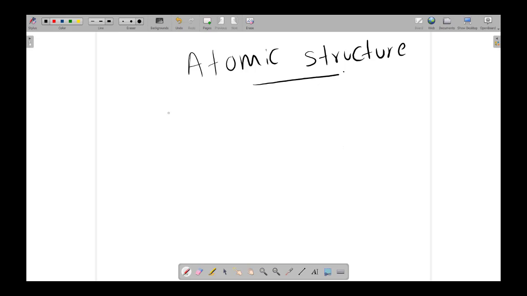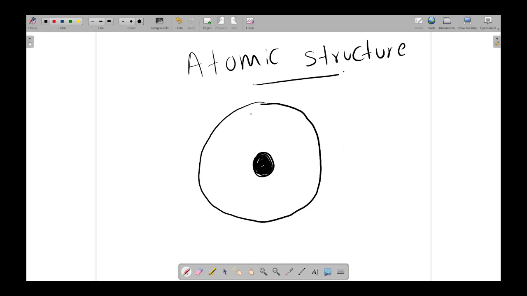One atom has a specific structure. In the middle of the atom there's a nucleus. We call it the nucleus. And the outer layer of the atom we call the electron cloud.